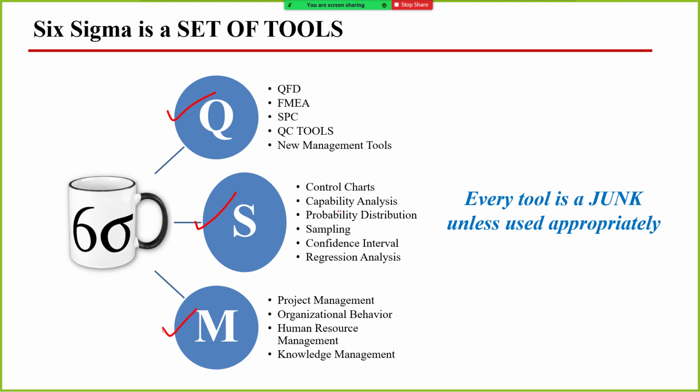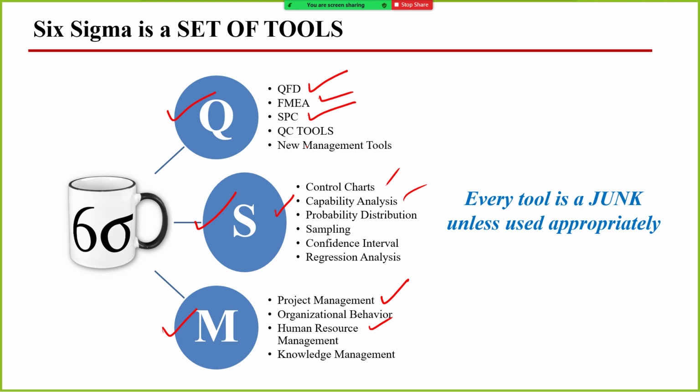Because when we are dealing with a Six Sigma project, we should have certain knowledge of project management, organization behavior, and human resource management. We should have statistical knowledge in terms of different tools such as control charts, capability analysis, and so on. Similarly, quality function deployment, failure mode effect analysis, statistical process control, and so on.